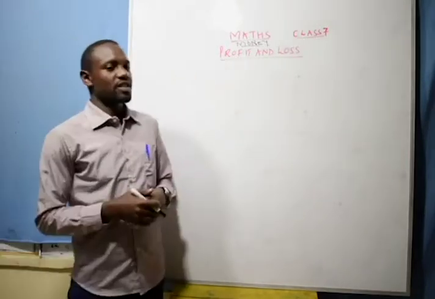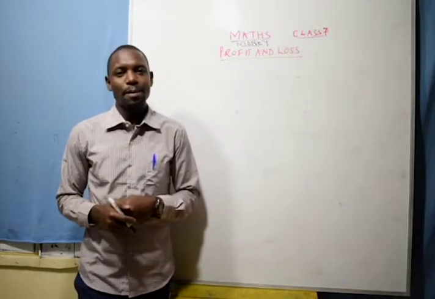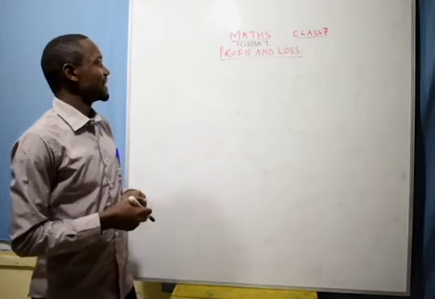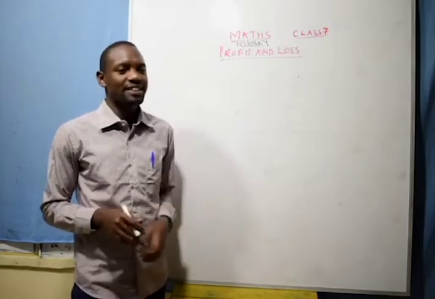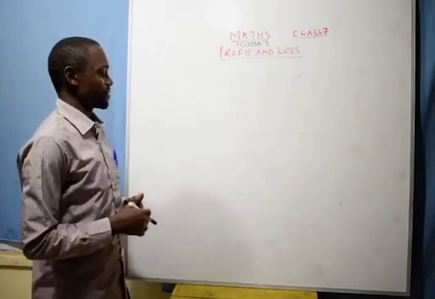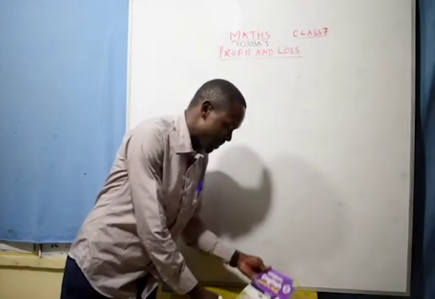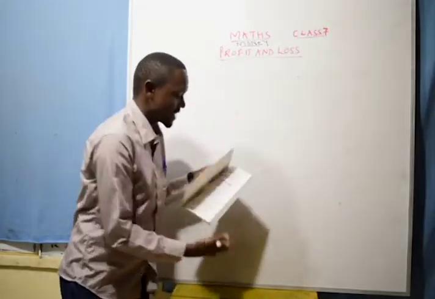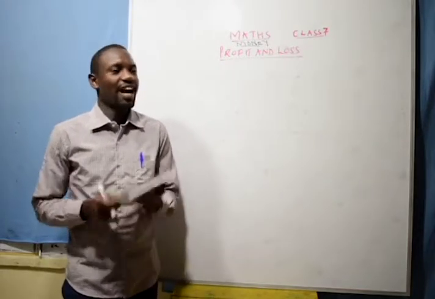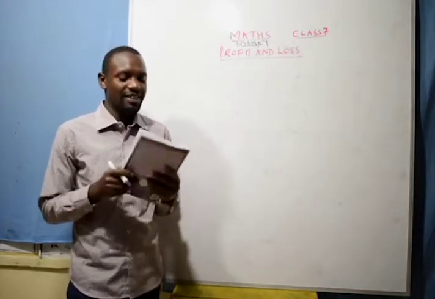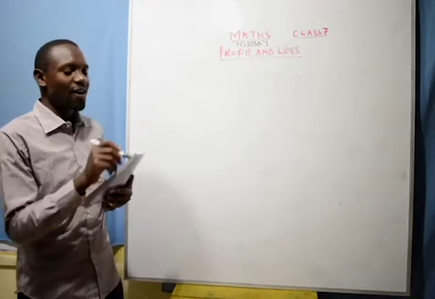What is profit? Profit is the amount of money that is received after selling an item at a higher price than you had bought the item. For example, if I buy this book at 400 shillings, I receive it from the distributor at 400 shillings.